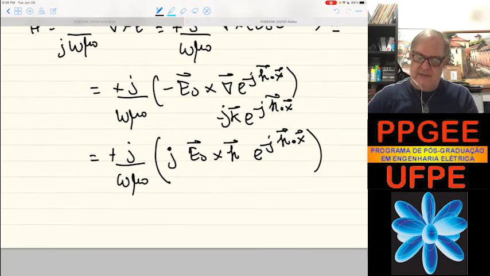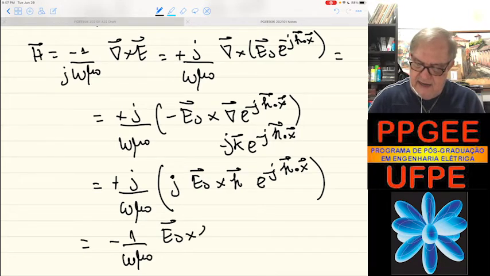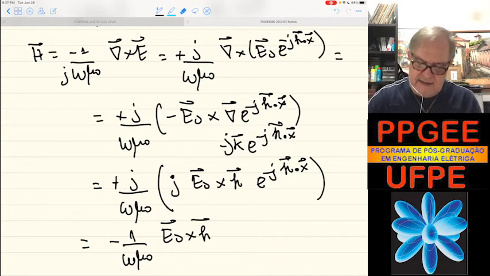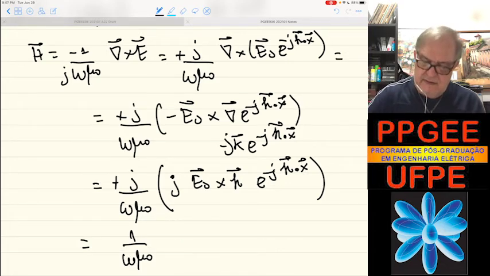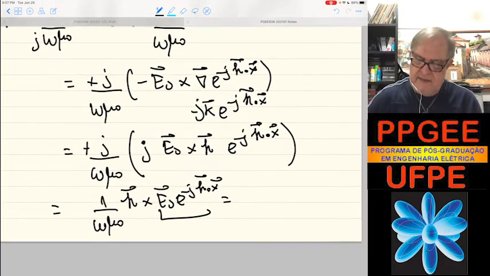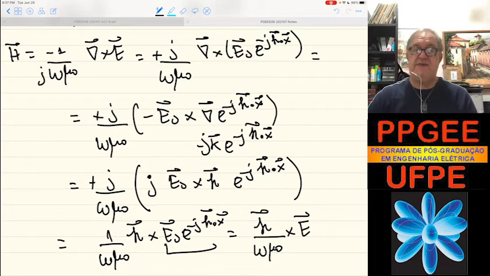Then it's going to be minus E0 cross k, and I'm going to change the sign. Then it's going to be plus k cross E0. Well, that's E, right? So it's k divided by omega mu 0 cross E. That's what H is.